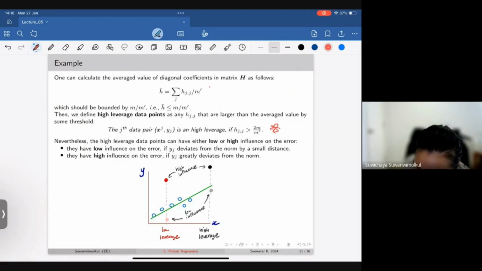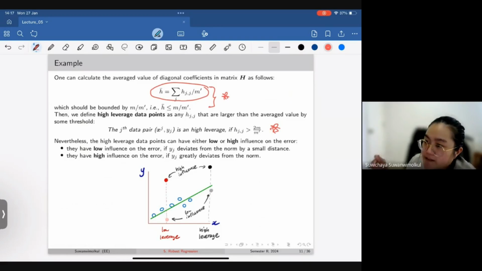Firstly, you compute the H bar, the average of the coefficients on the diagonal. In a general case, if the diagonal coefficients HJJ should have a value of about 1, then this value should be less than or equal to the number of training samples divided by the number of testing.